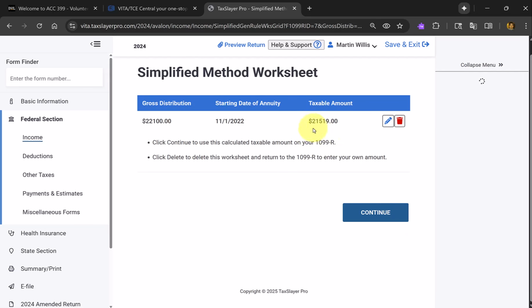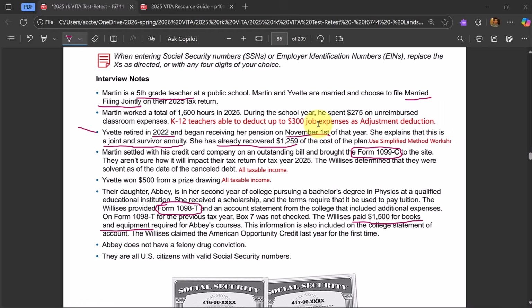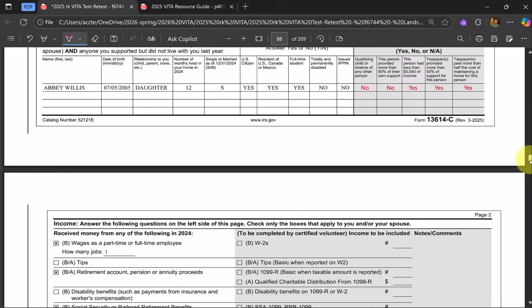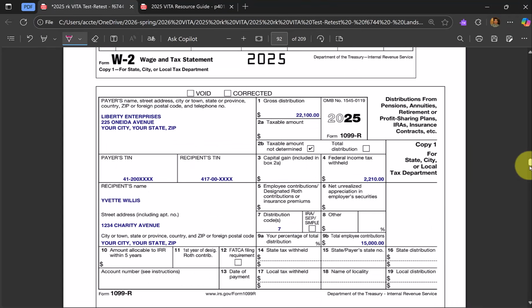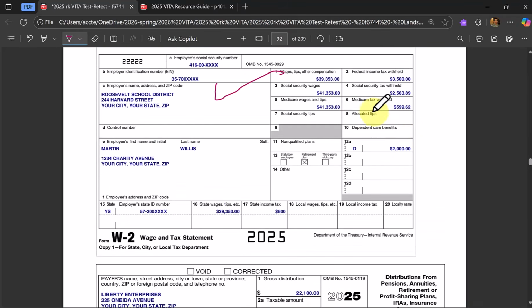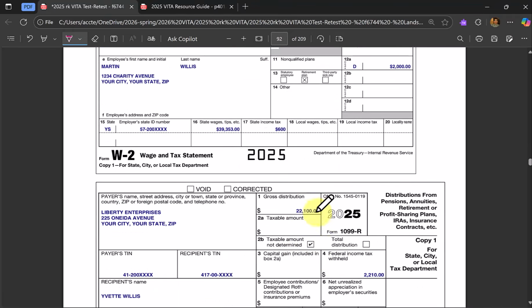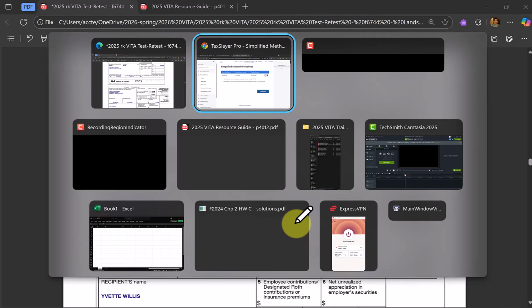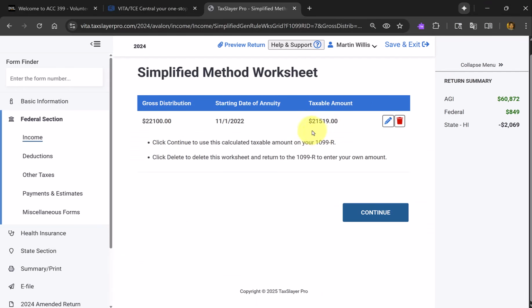And here it's calculating how much is taxable out of that, what was it, 22,100. The amount that is taxable according to the simplified method worksheet that's automatically done for us is this 21,519. Now I'm doing this using the 2024 software.